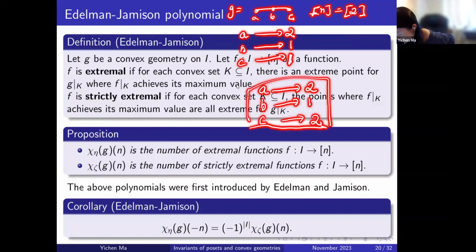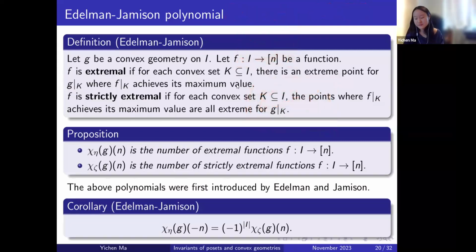Okay, indeed, I think the first one is also strictly extremal. So let's see. Yes, never mind. So bad example, but I think what I gave are 2 strictly extremal functions in this case. But there are slight differences between the extremal and the strictly extremal functions.